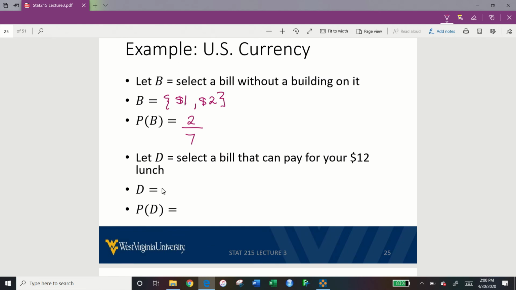So again, the outcomes in event D are the $20, the $50, and the $100. Therefore, our probability of event D is going to be 3 out of 7. Not too bad, right?